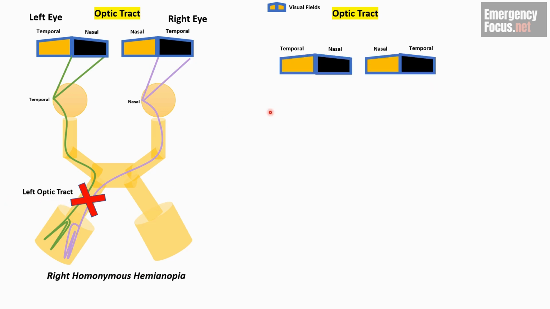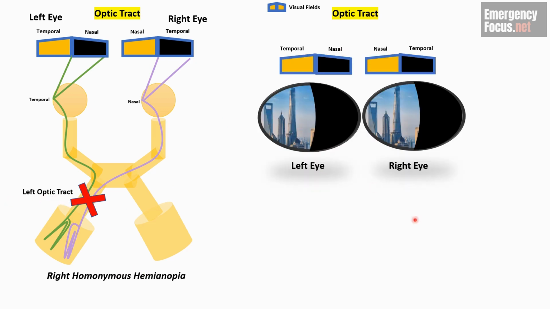Do you remember what we said at the beginning? That the right side of the visual field of both eyes was going to be processed by the left occipital cortex? Well, this is the same. The right side of the visual field will be transmitted by the left optic tract and all the way into the left occipital cortex.